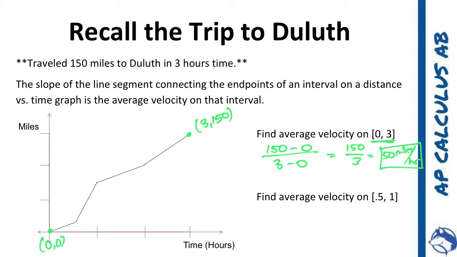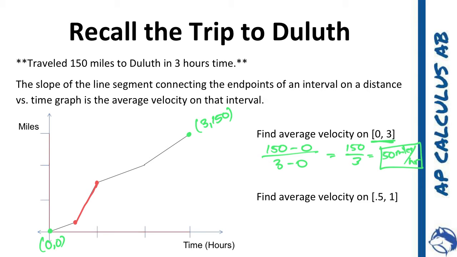Now if we choose different points here, a different area where we did 0.5, so 0.5 was right here, and we went up to 1. I like to think of this section as when we got on the expressway and we were cruising, and then we maybe hit some traffic, but we were making really good time at this point.